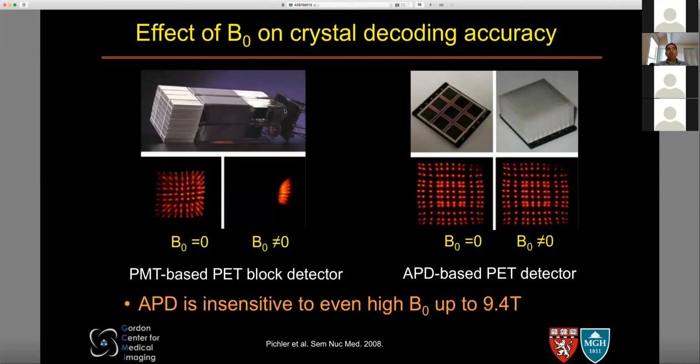If you put that in a PET-CT, it's fine, you can detect the signal. If you put that in a PET-MR, all those electrons in the vacuum are going to go all in one direction. So you're not going to have a signal.